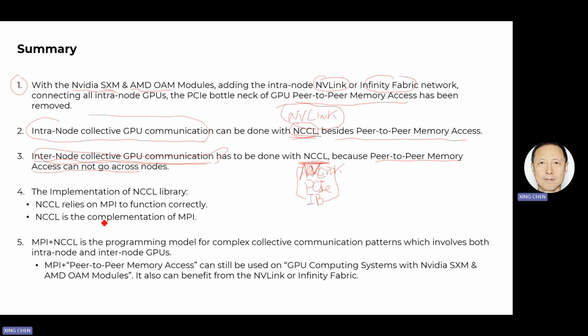Okay, and then we had a look at these NICO implementation details. From these implementation details, we understood that NICO relies on MPI to function correctly. It doesn't work without the help of MPI, and NICO is complementary to MPI.